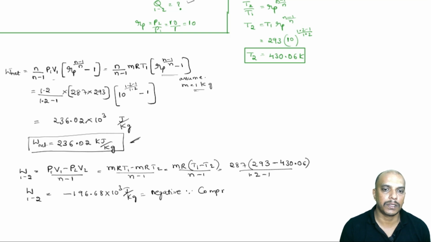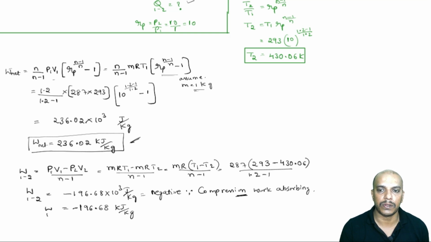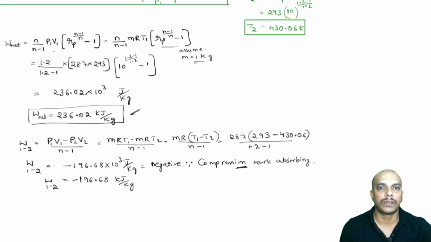For a compression process, the sign convention, which we already know, is negative because it is a work-absorbing process. This can also be written in kilojoule by dividing by 1000, so 10 power 3 cancels. So that is W12, our work from 1 to 2.